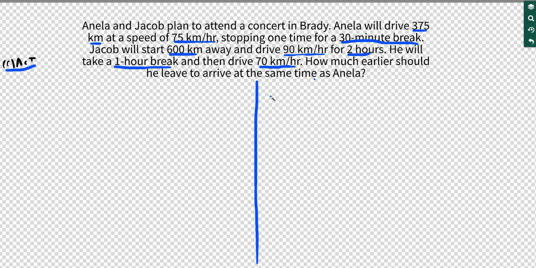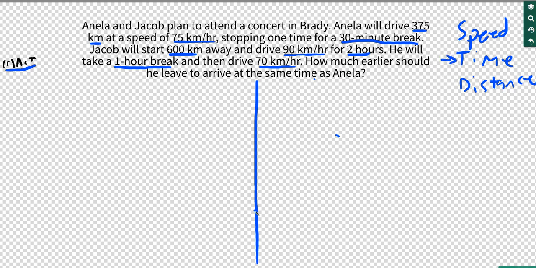So there's a lot of factors going on. We have speed, time, and distance. You might be a little bit confused about this. What we're ultimately trying to find is time.